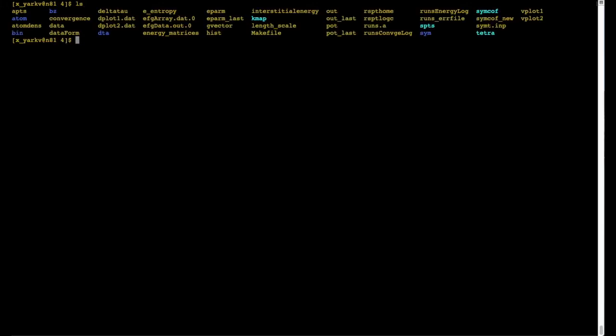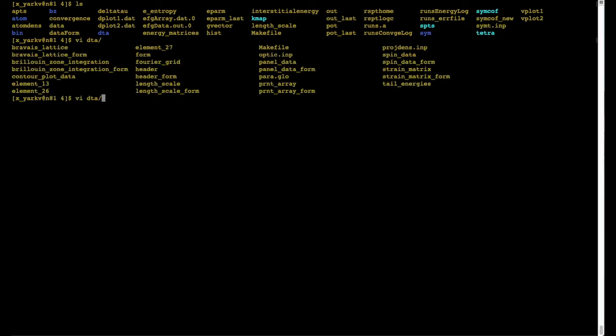So let's go to the terminal. And again, we work with cobalt, iron, aluminum. So first we go to the element file of iron.